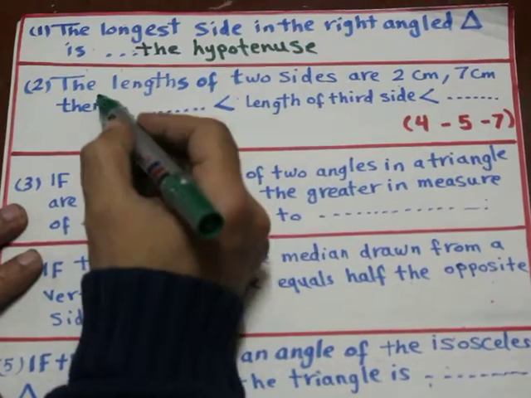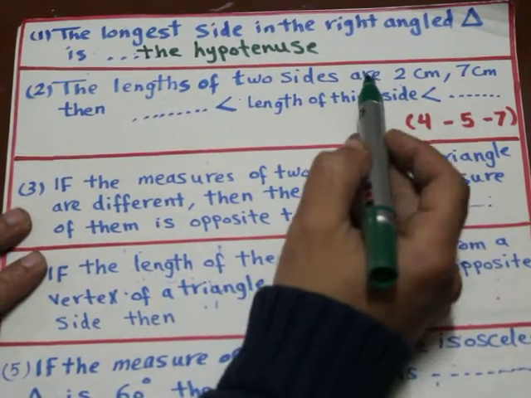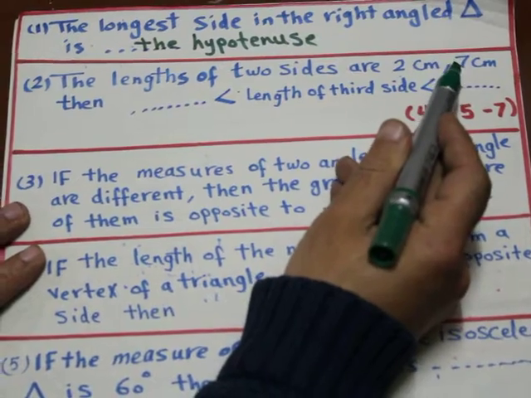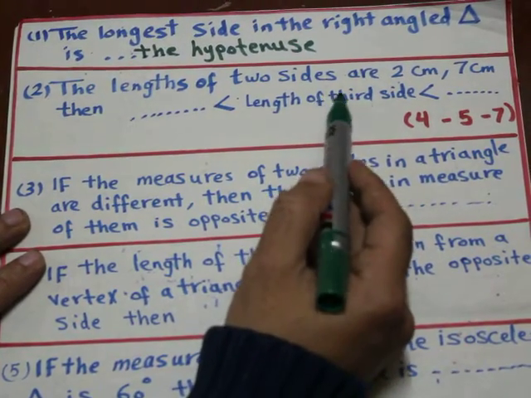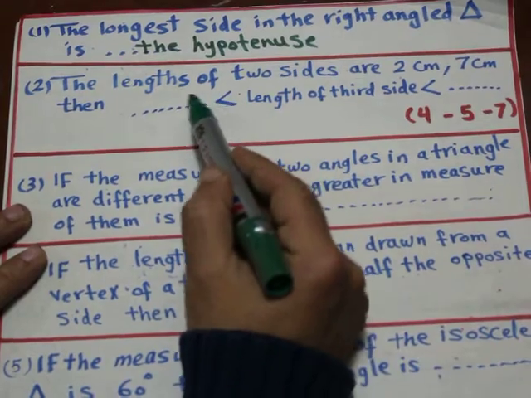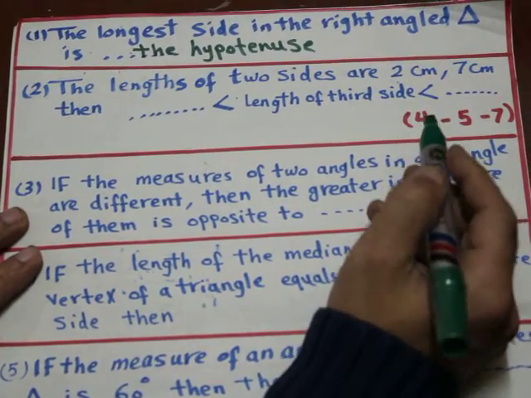Yes. The lengths of two sides of a triangle are 2 centimeters and 7 centimeters. Then the length of the third side is greater than space and smaller than space.